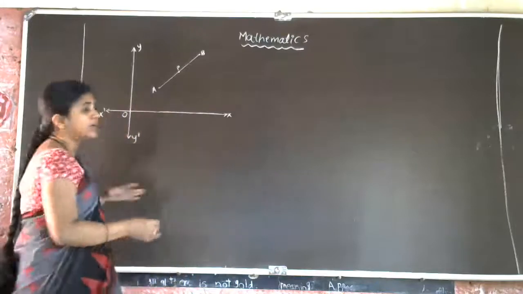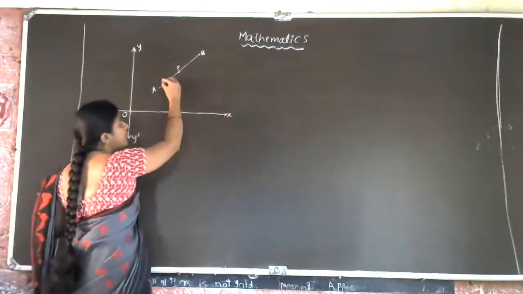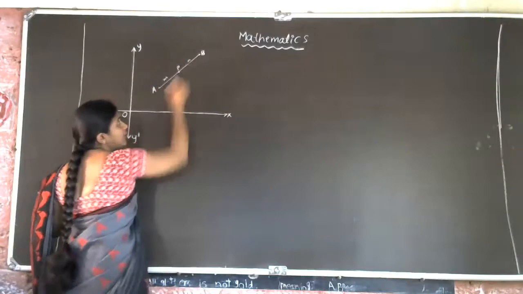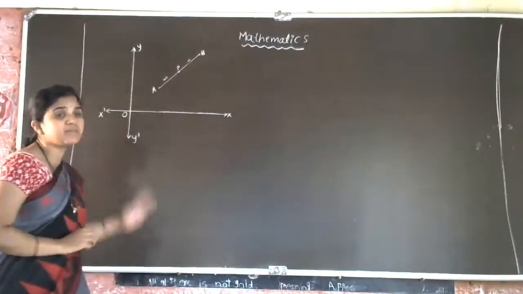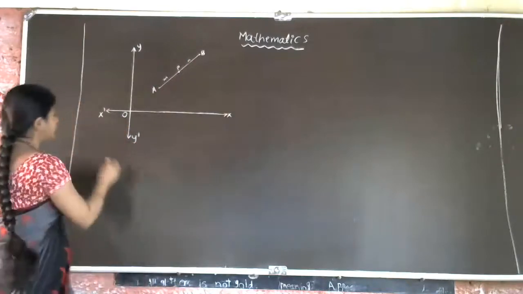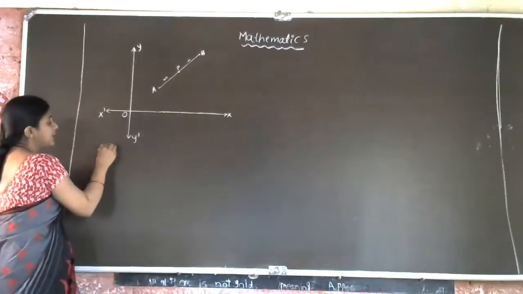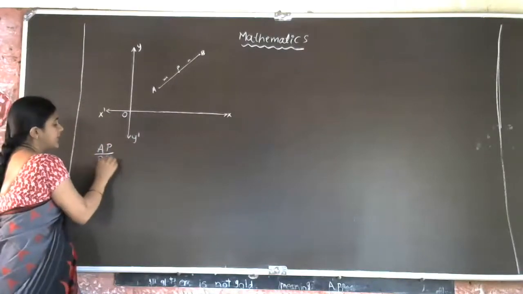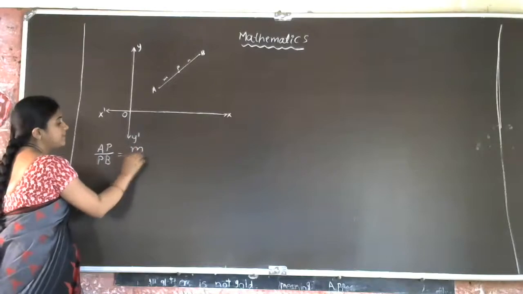Now let us take the ratio as M:N. How can we write this? AP divided by PB is equal to M/N.